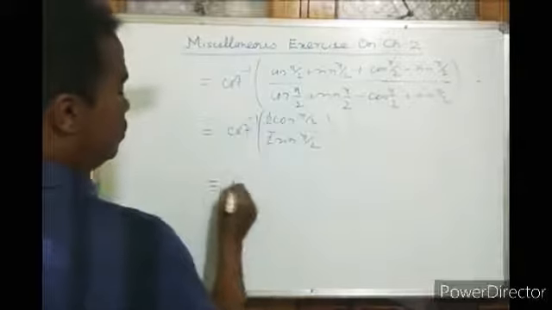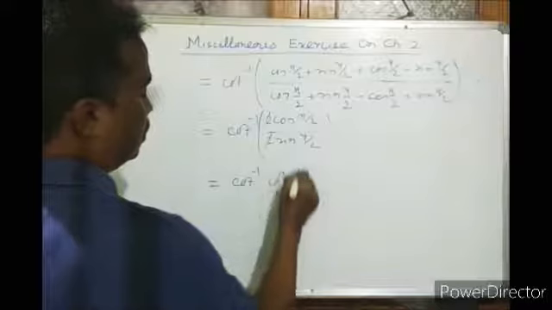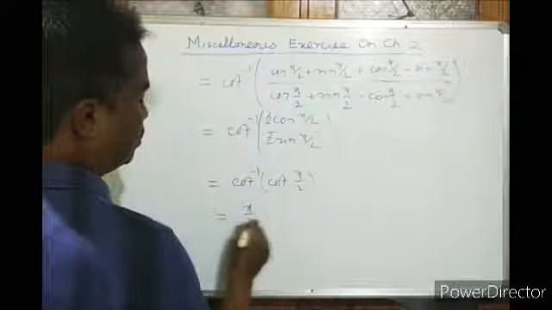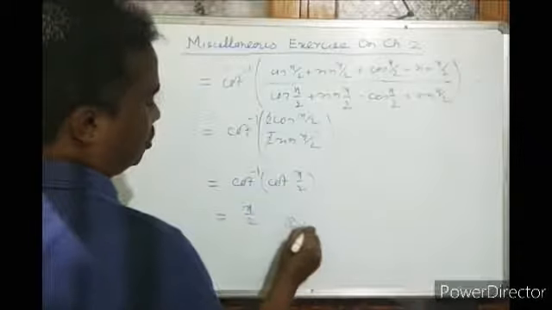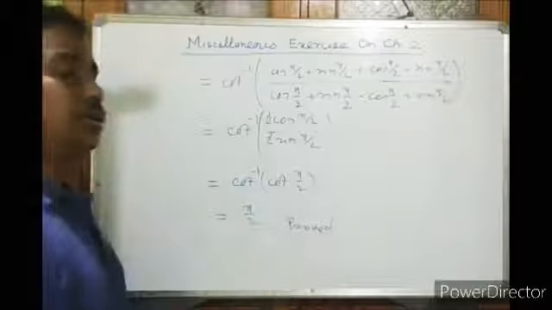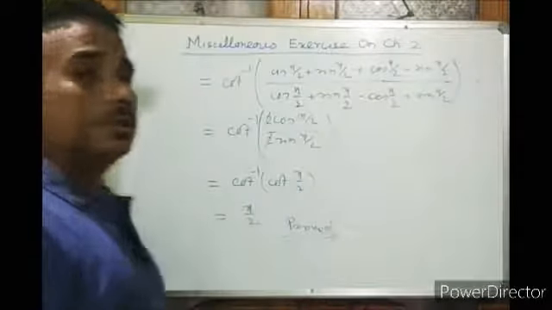So this is equal to cot inverse cot x by 2, which is equal to x by 2. Hence proved. So in this way we can work out the examples. Okay, thank you.